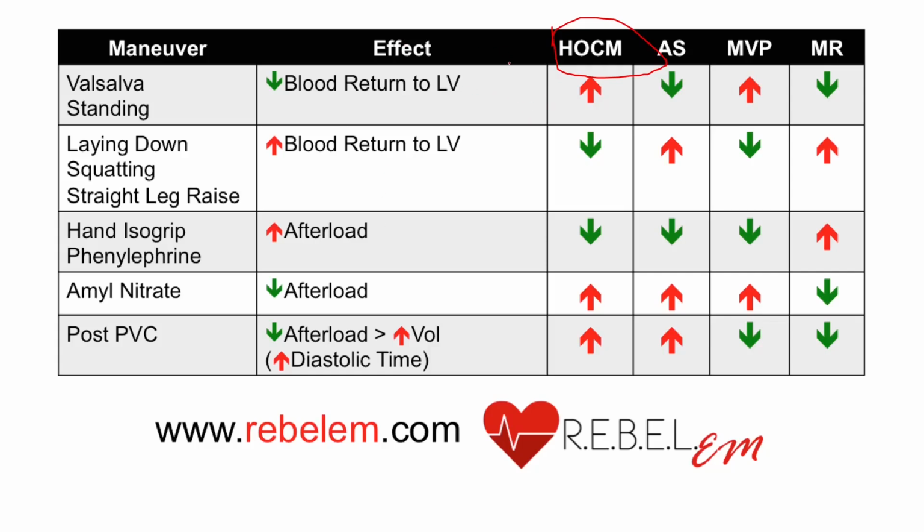You can see in this column that when the blood decreases, the murmur increases in hypertrophic cardiomyopathy, and that is completely opposite for other valvular lesions. As you can see, when the preload increases, the murmurs decrease. The preload decreases, the murmurs decrease. Yes. Excuse me for that.